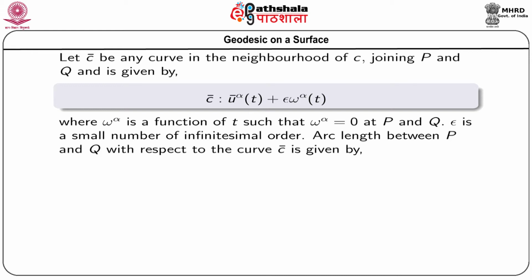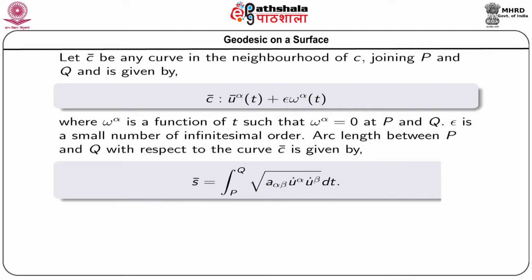So, the arc length between P and Q with respect to the curve C bar is given by S bar equals the integral from P to Q of root over A alpha beta u bar dot alpha u bar dot beta dt.